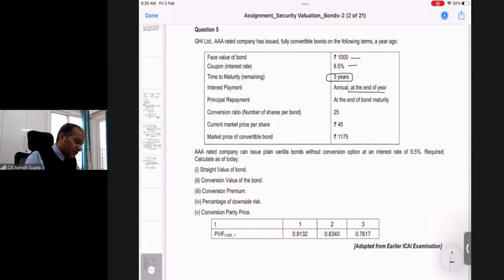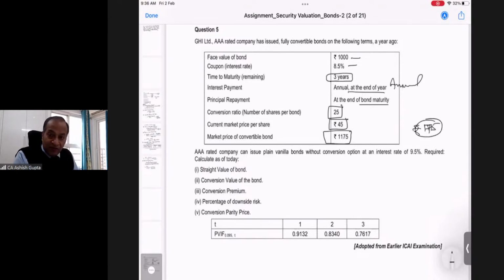Interest is paid at the end of the year, which means annual payment. The principal is paid at bond maturity. The conversion ratio is 25. Current market price per share is 45 and market price of the convertible bond is 1175. So it means we are paying a premium over and above the face value.